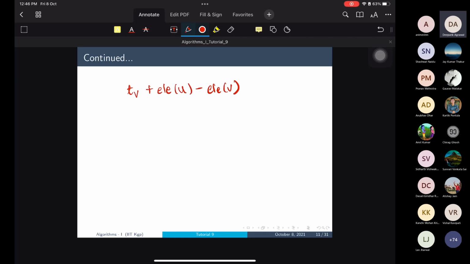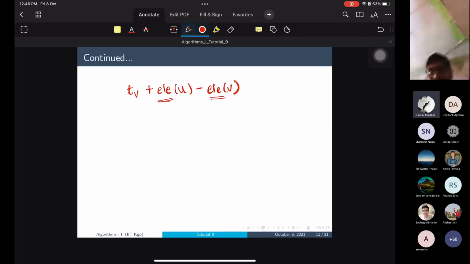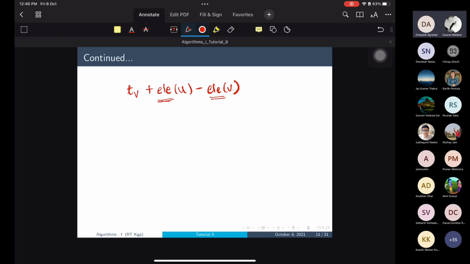Okay, and are these elevations at time t equals TV, or at time t equals 0, the initial elevation that was given? Means it is the time required to reach U. Yes, but the elevation is at t equals TV, right? No, initial, at t equals 0 that you were given.